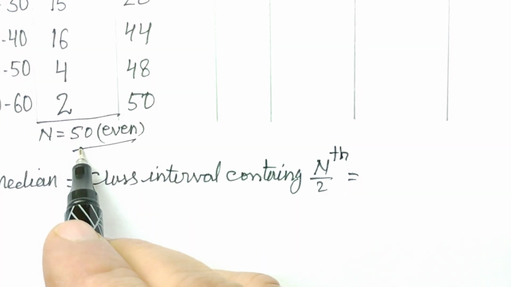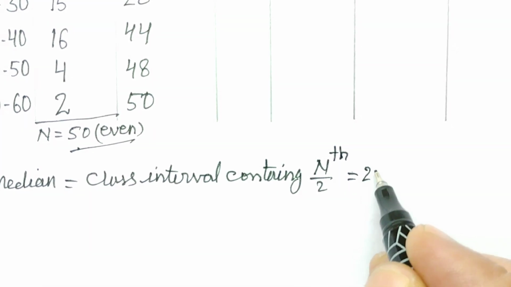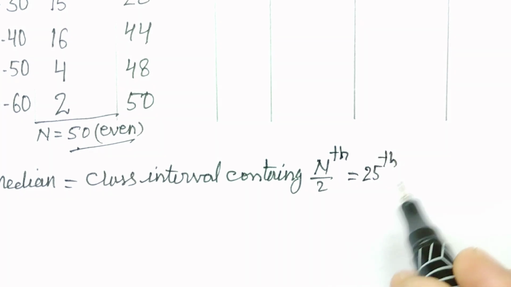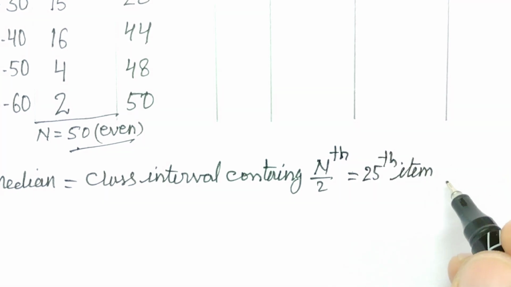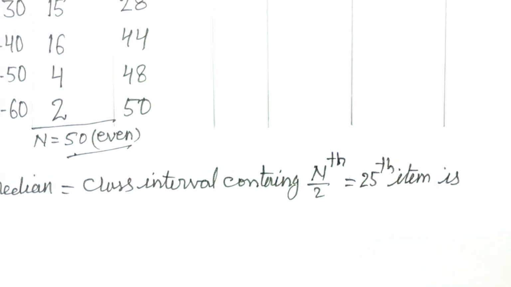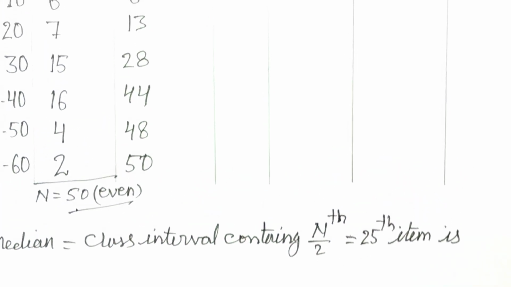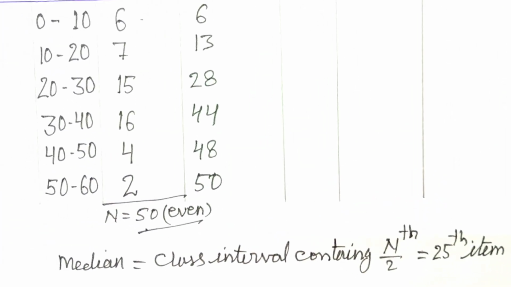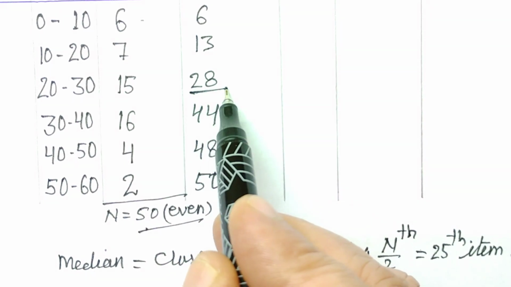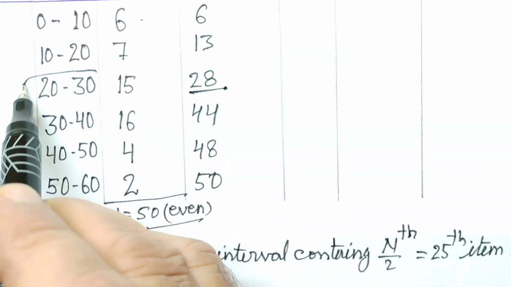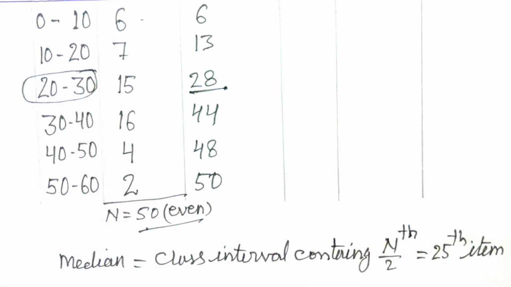So 50 by 2, the 25th item is in 20 to 30. This will be the 25th here, and it belongs to this class. So 20 to 30.